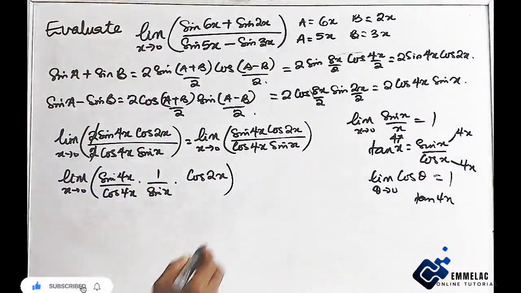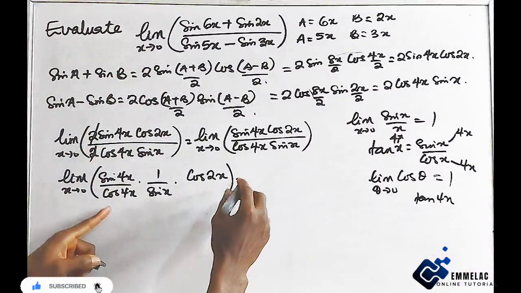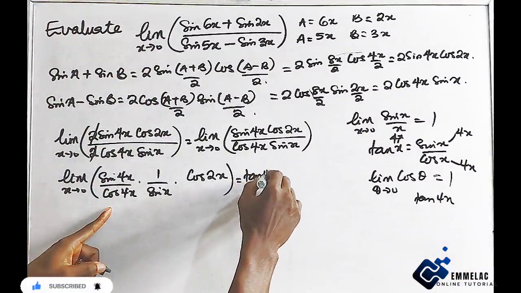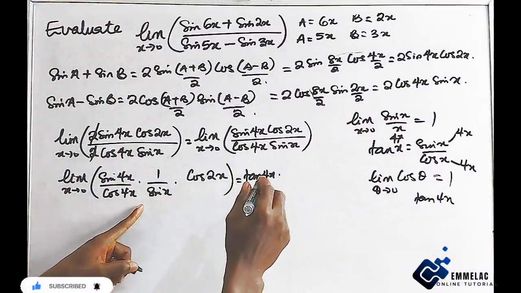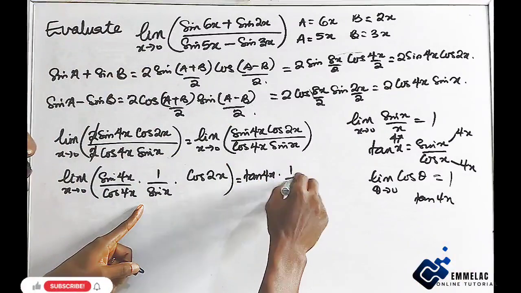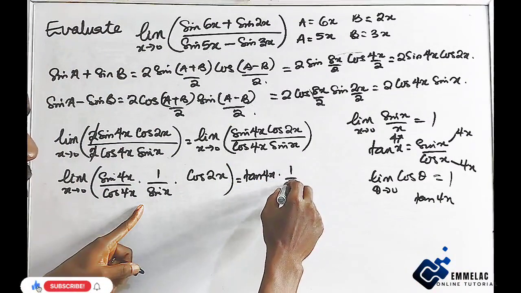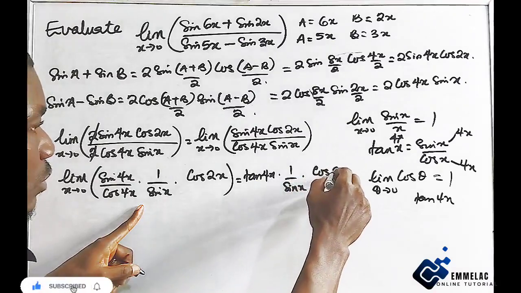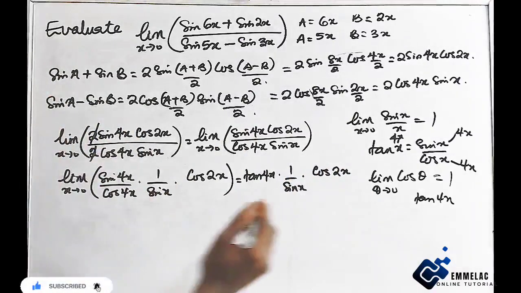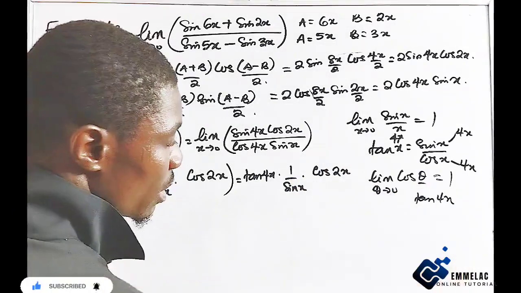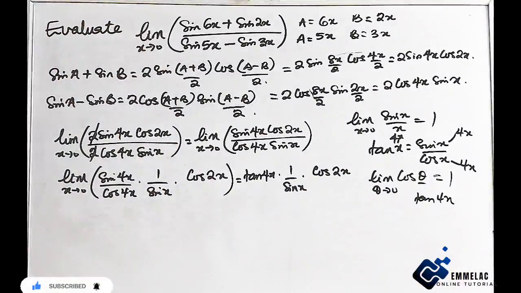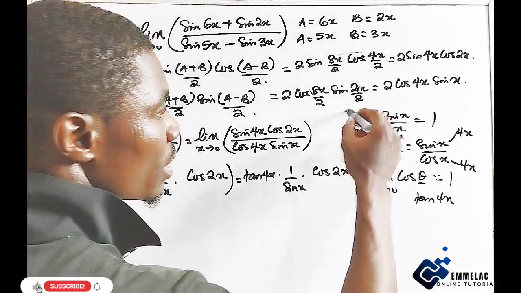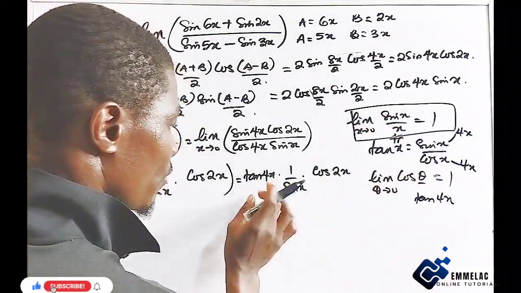So this is tan 4x times 1 over sin x times cos 2x. At this point, our 2x can be theta. Now how do we establish this function from this?